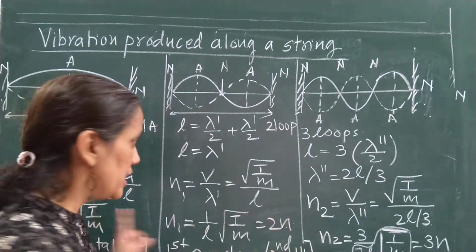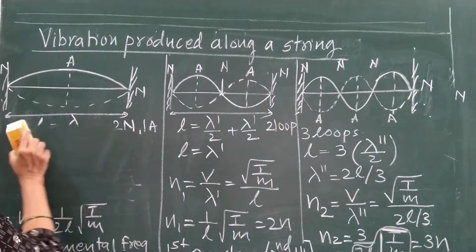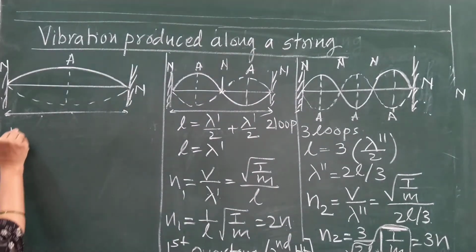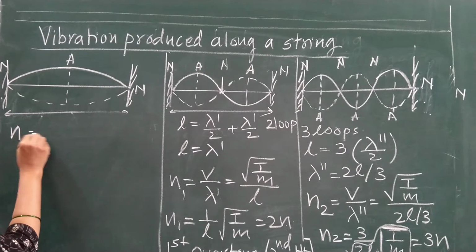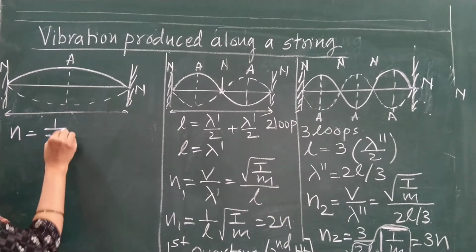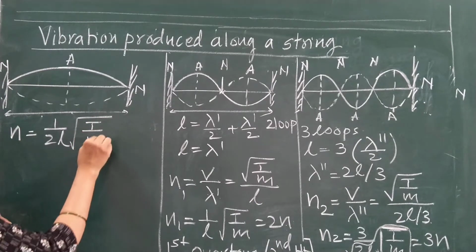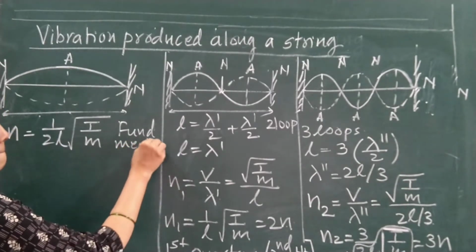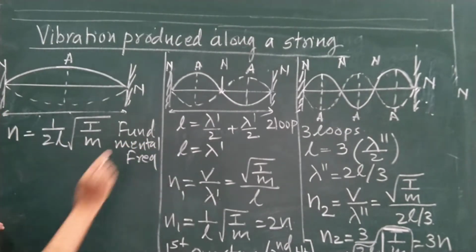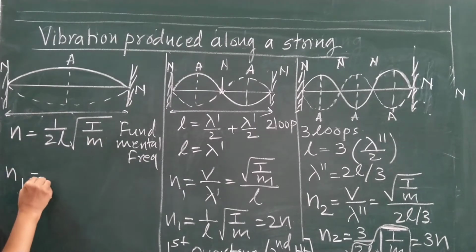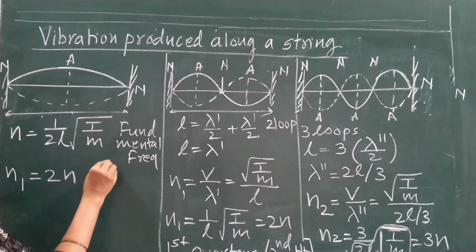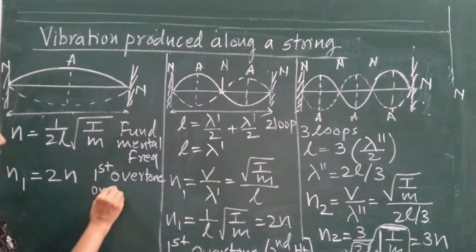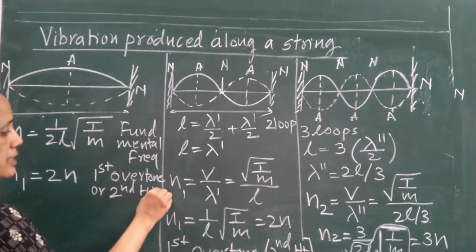Clear? So here I am getting that your string is vibrating in three different modes, and for those three different modes, the frequencies are as follows. The fundamental frequency N is equal to 1 upon 2L root of T by M. Then I am getting frequency N1, which is equal to 2N, called the first overtone frequency, or the second harmonic frequency.